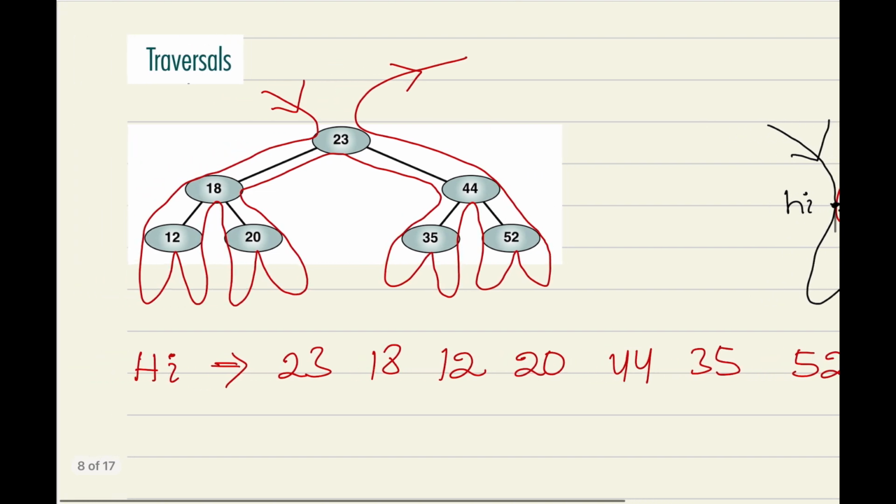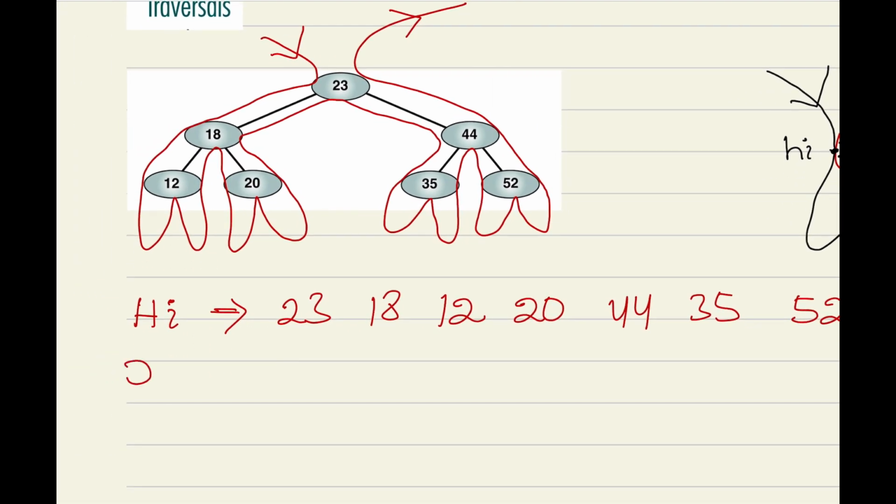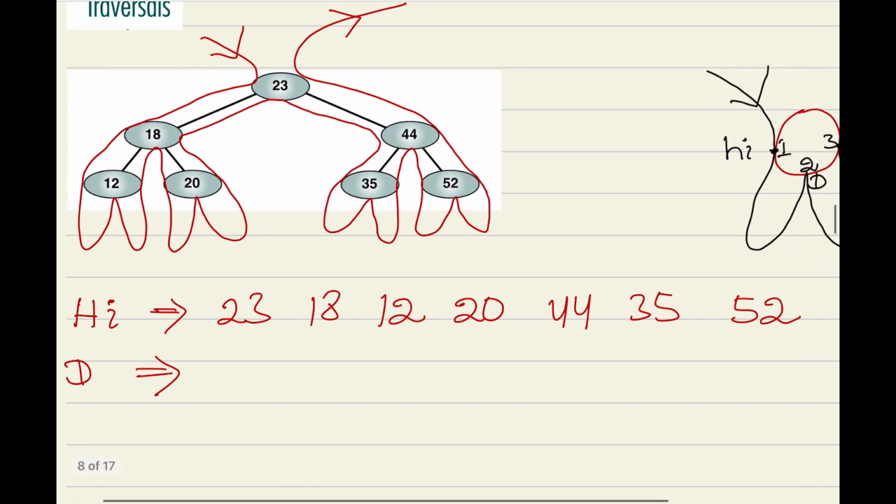So now we are going to find the order in which we are going for dinner, or meeting the second time. So first we are meeting the second time with 12, then 18, then 20. If we follow the direction you can see.